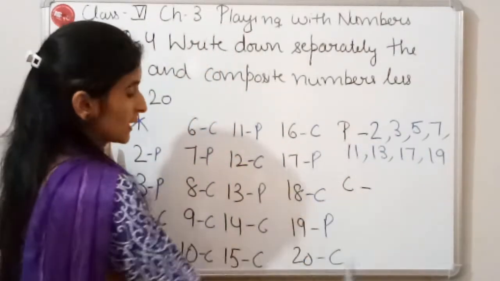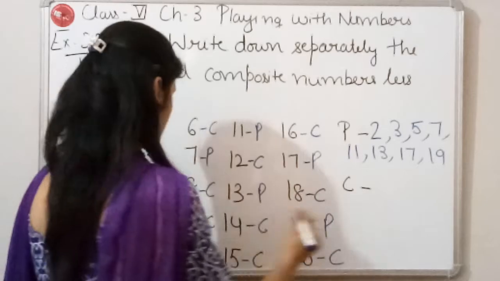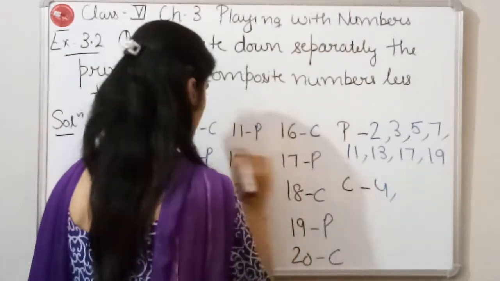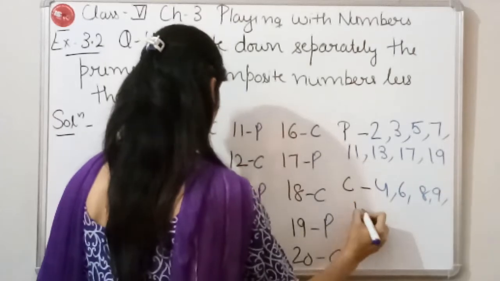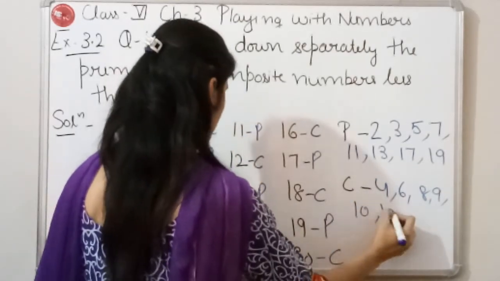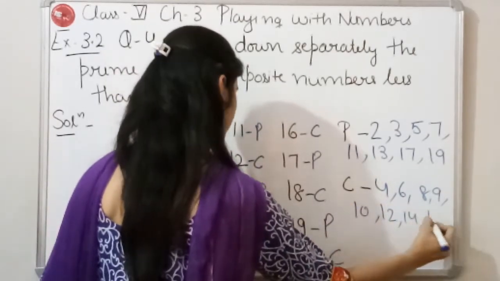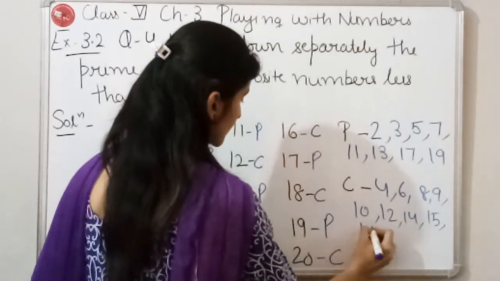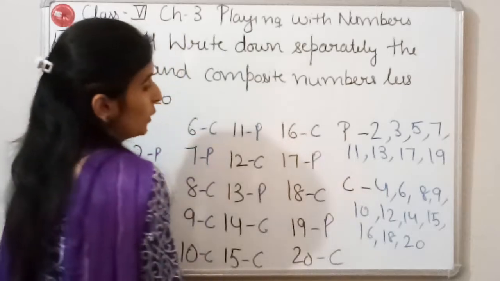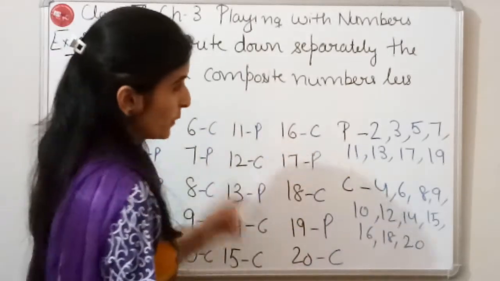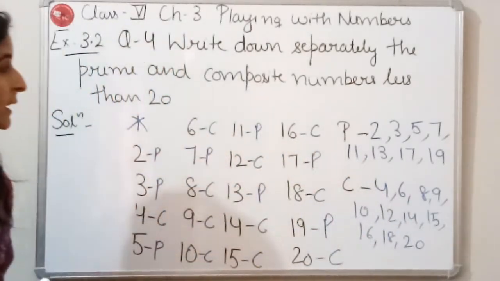Now we can write the composite numbers also. Composite numbers are 4, 6, 8, 9, 10, 12, 14, 15, 16, 18 and 20. So these are the prime and composite numbers less than 20.